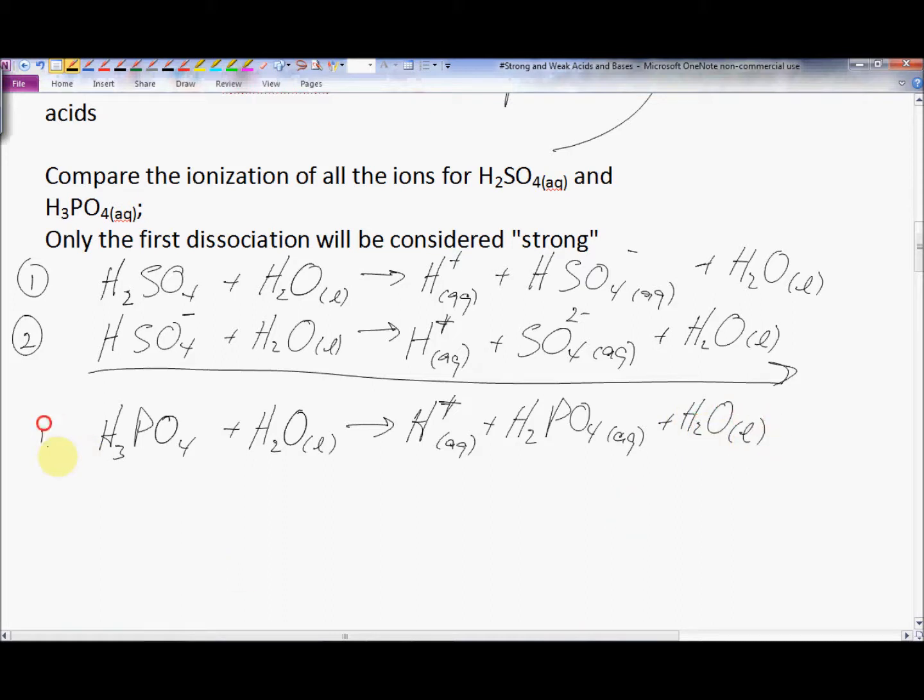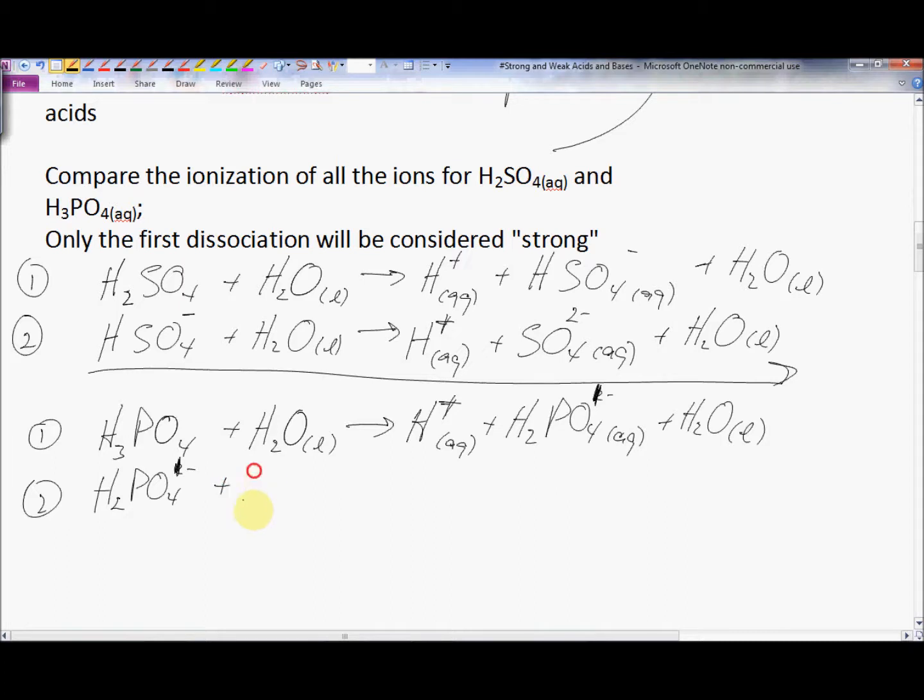And then the next step, we take that H2PO4, now it's got a -1 charge, because we've released 1 hydrogen.